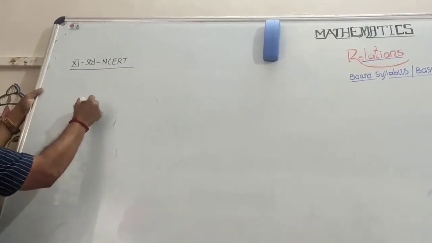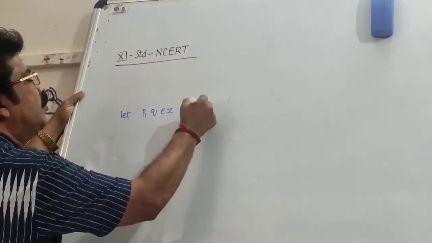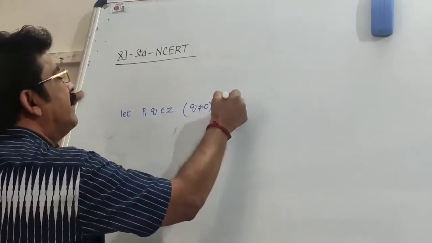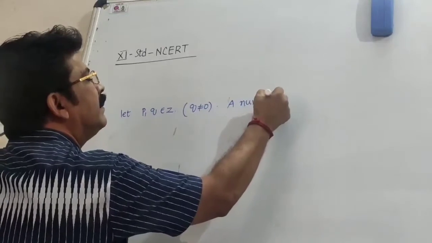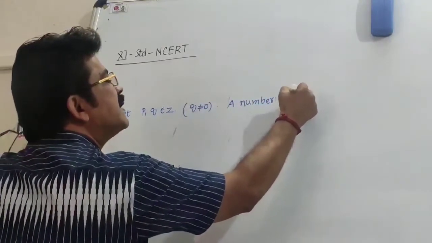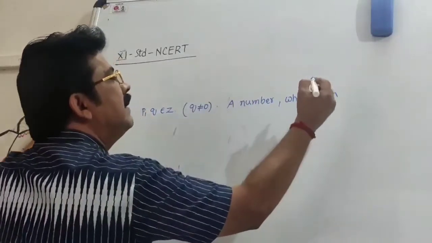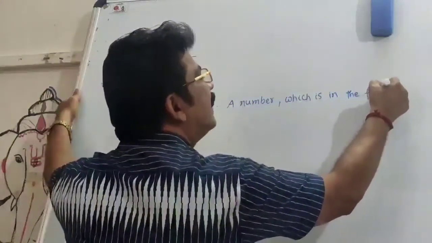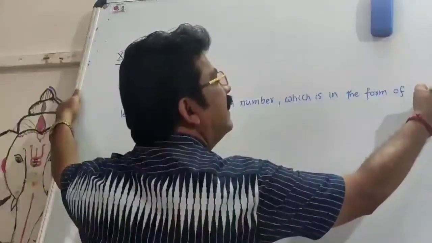Let p comma q belong to integers, within brackets q should not be equal to 0. Next, a number which is in the form of p by q.